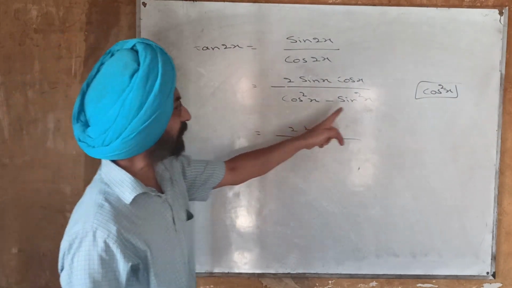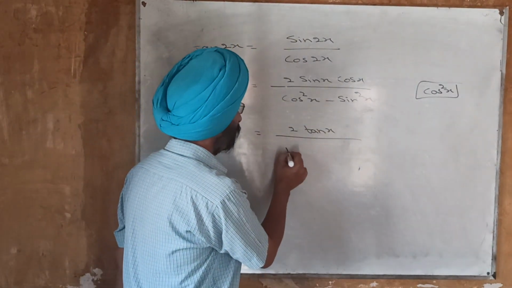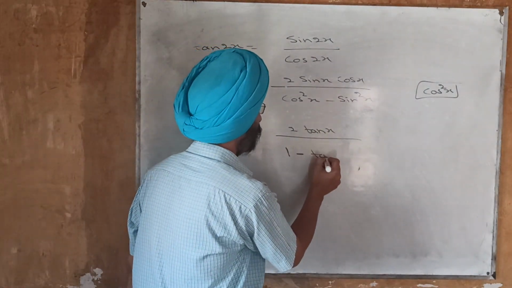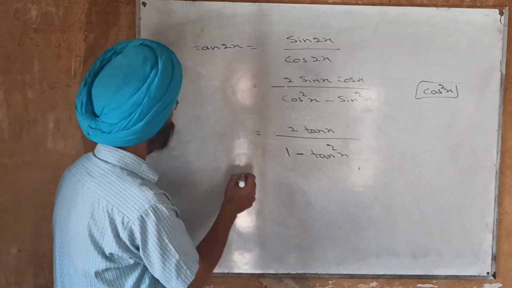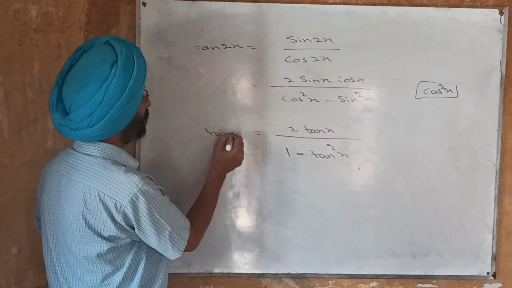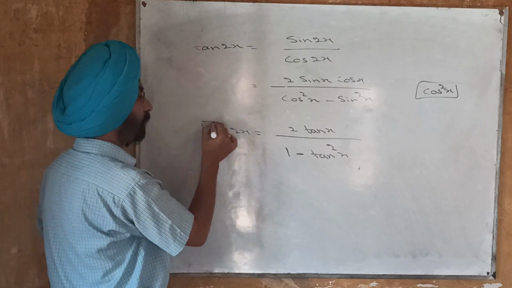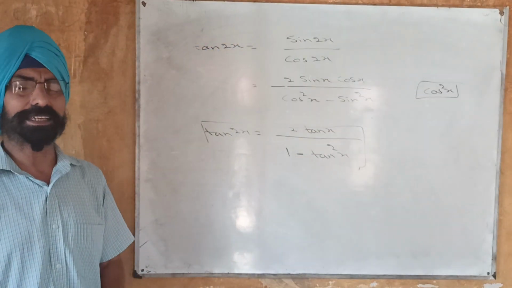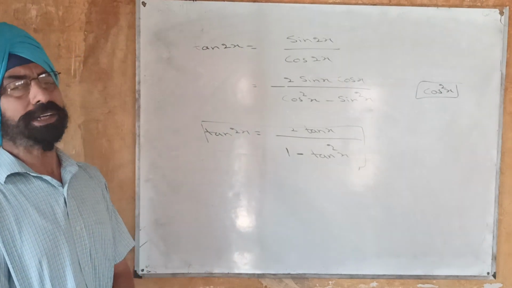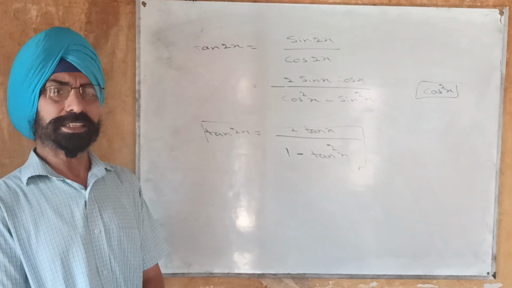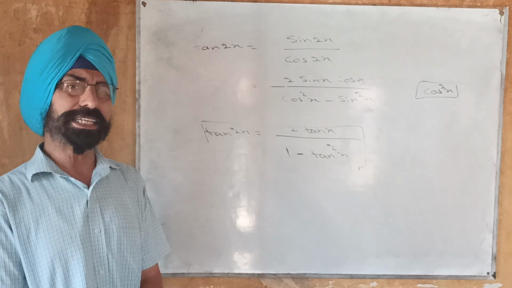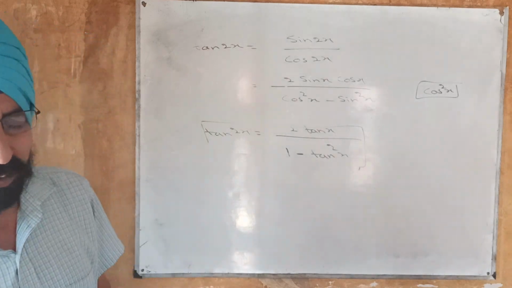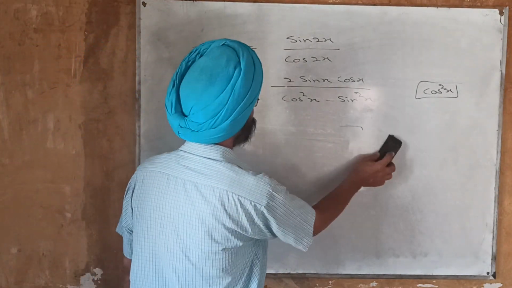Then cos square x divided by cos square x will be 1, minus sin square x upon cos square x will become tan square x. So this is your formula for tan 2x, that is 2 tan x over 1 minus tan square x. Similarly, you can derive the formulas for cot 2x, tan 3x, cot 3x, and so on, using these results.